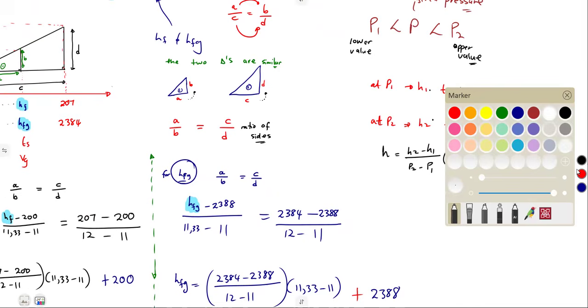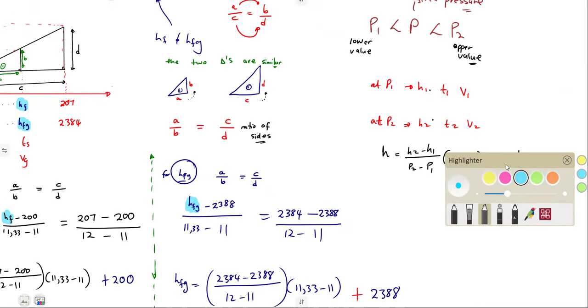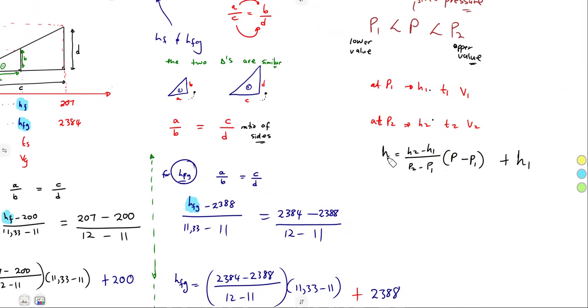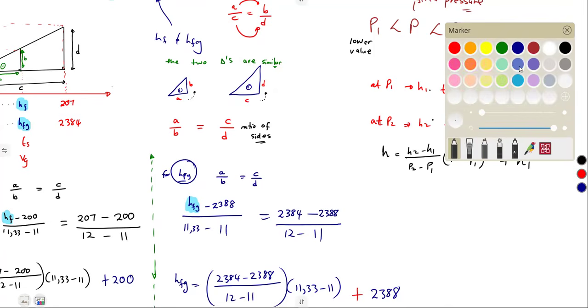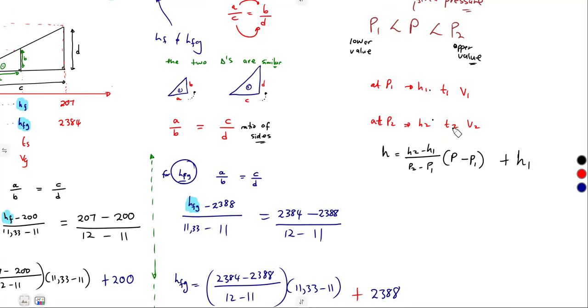So what I'm simply trying to say, guys, is that using this formula, we need to calculate a certain value from a given pressure P. This pressure P corresponds to whatever value you are calculating. Take note.